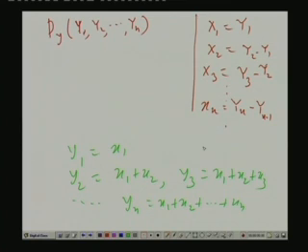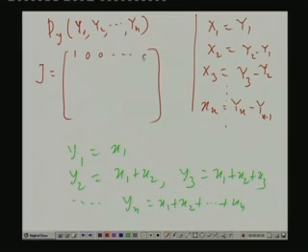This is number 1. And how about the Jacobian? To form the Jacobian, first del y1 with respect to del x1 is 1, and del y1 with respect to del x2 is 0 because it is not present there, same for the other entries.